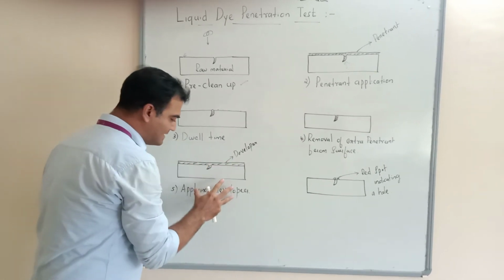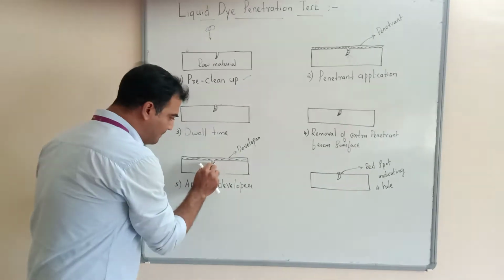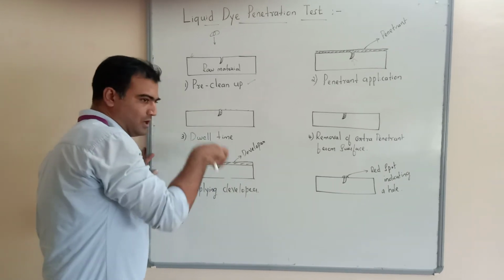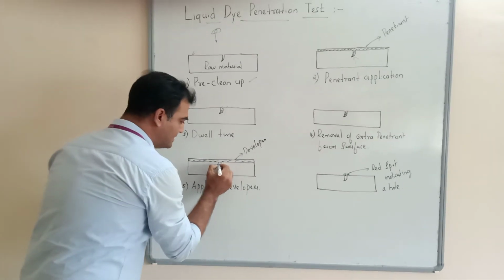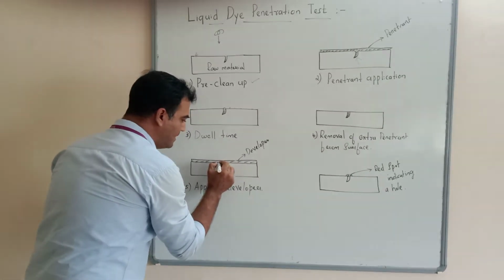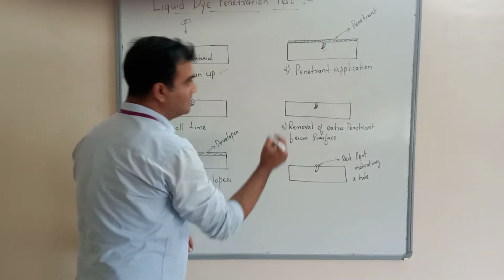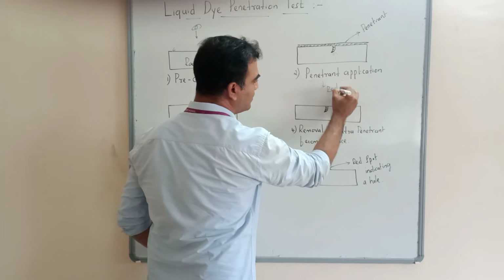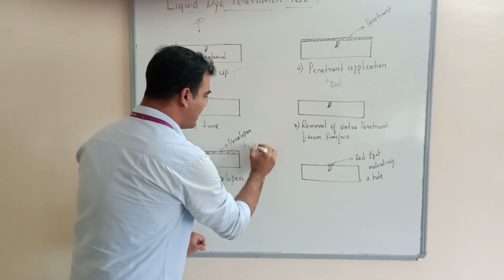Once this developer is applied, whatever penetrant is inside the flaw will ooze out, or be sucked up by the developer. The penetrant comes up and you can see a red spot, because the penetrant we have used is red in color, and the developer used here is white in color.